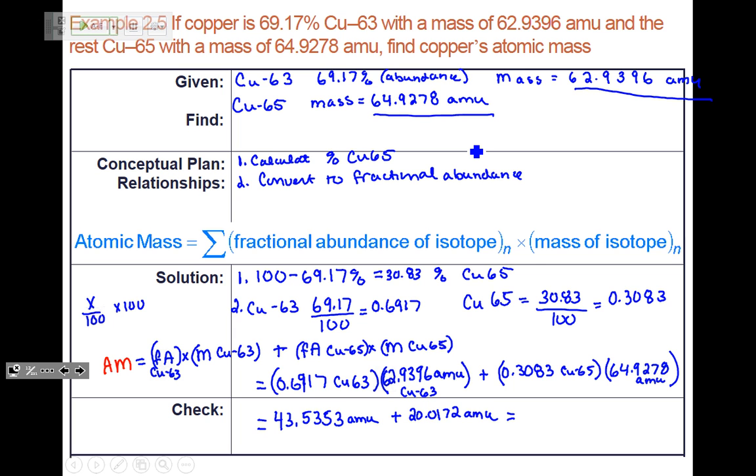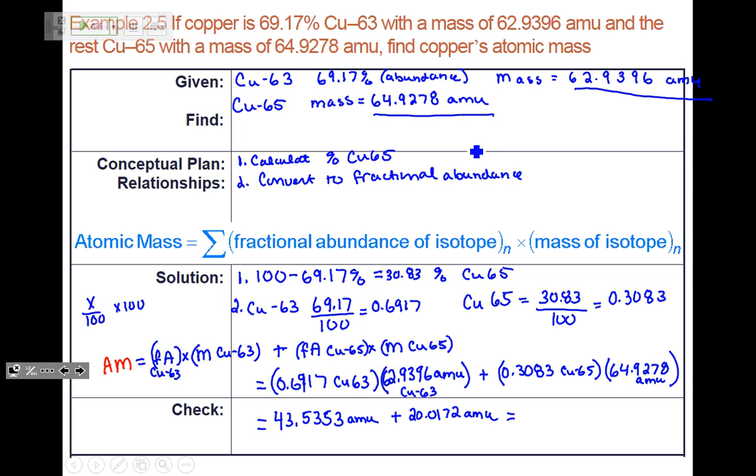This is just for you to follow along later. This times this is going to give me 43.5353. This times this is going to give me 20.012772. As far as our significant figures, our fraction had to be measured.